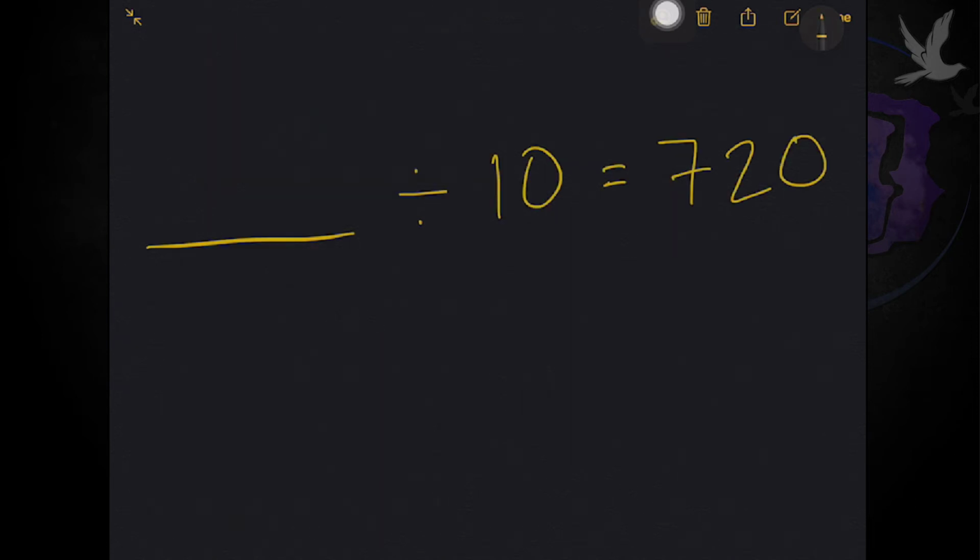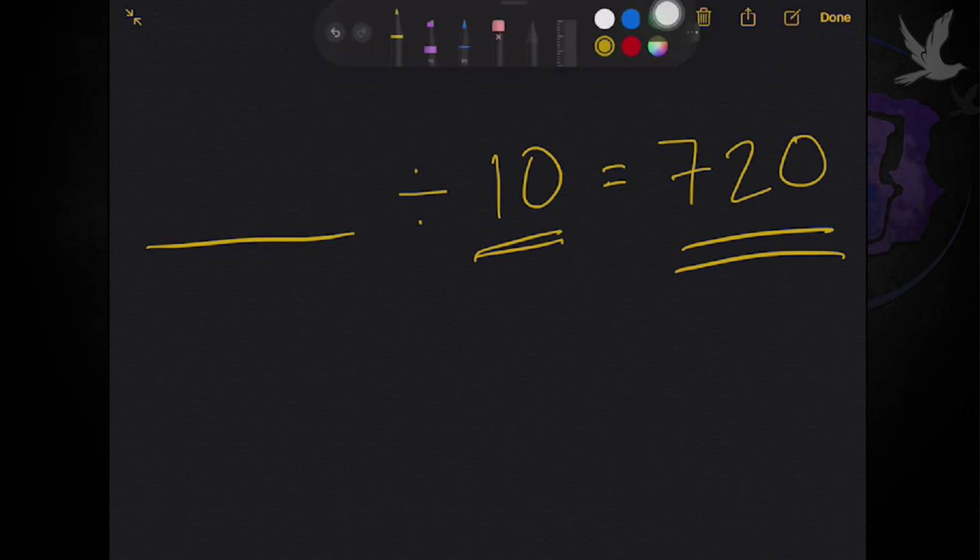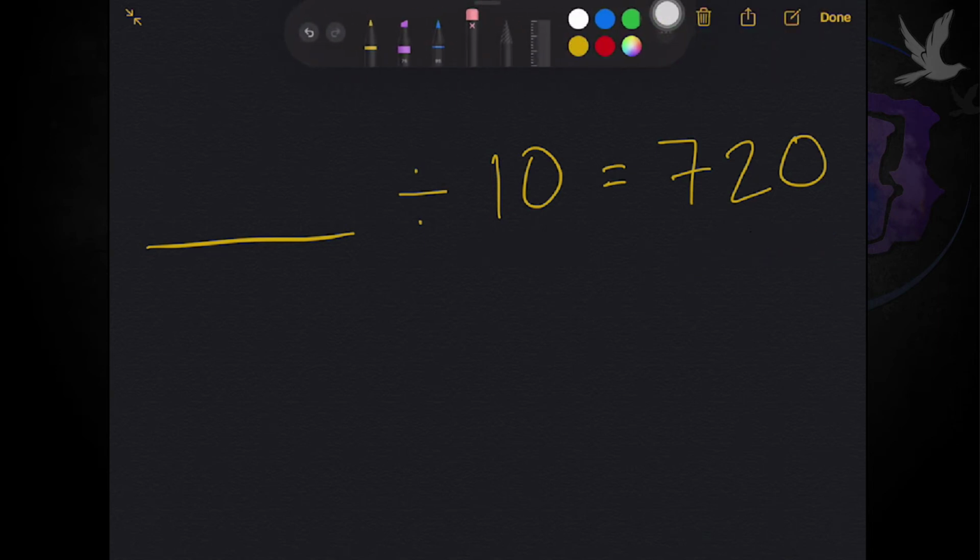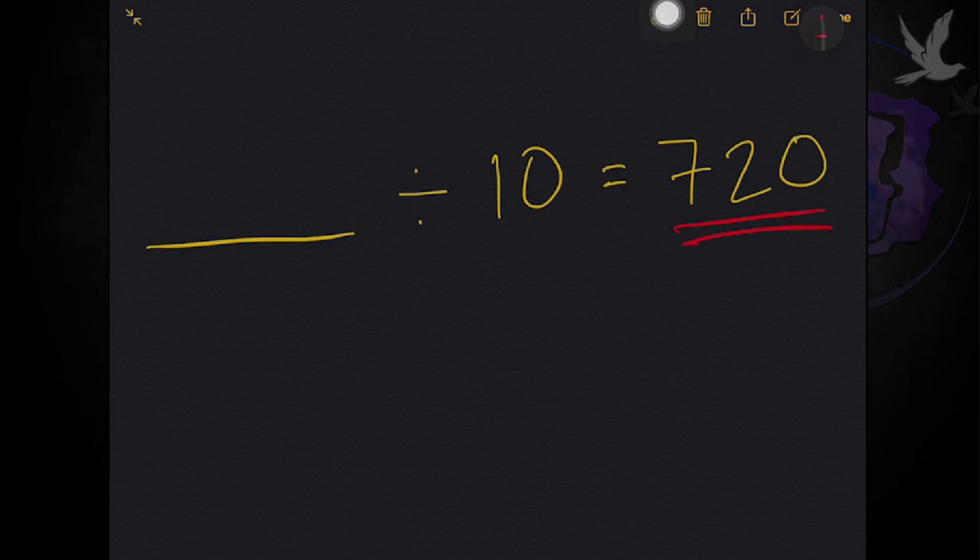Okay, it is also possible for you to experience this situation where the dividend is missing, but our divisor and our quotient are given. In this case, this is a very, very easy technique. All you have to do here is just to take this number and copy it here, 720.